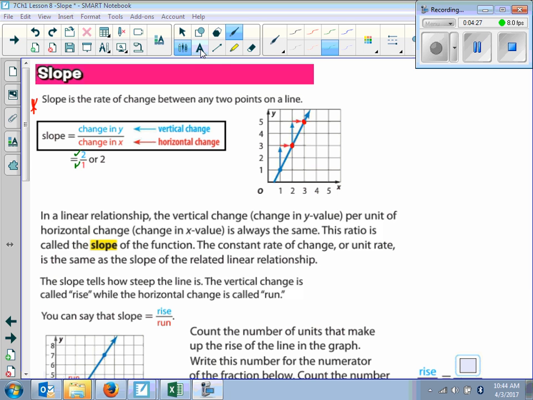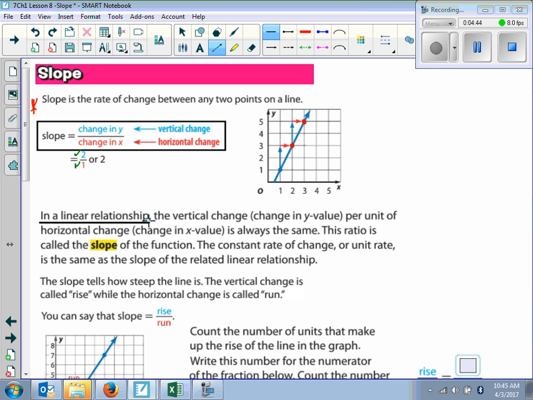Now it says here, in a linear relationship, the vertical change, or the change in the y value, per unit of horizontal change, or the change in the x value, is always the same. Please make sure you write this down.